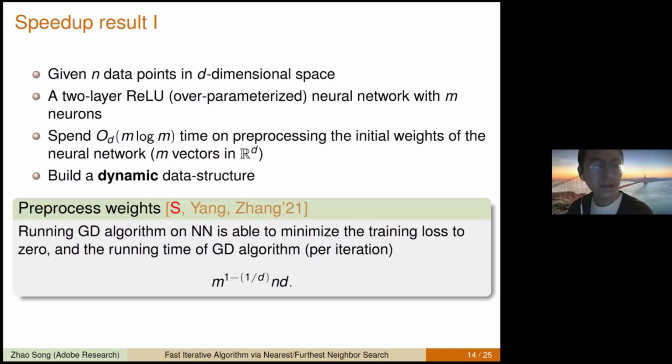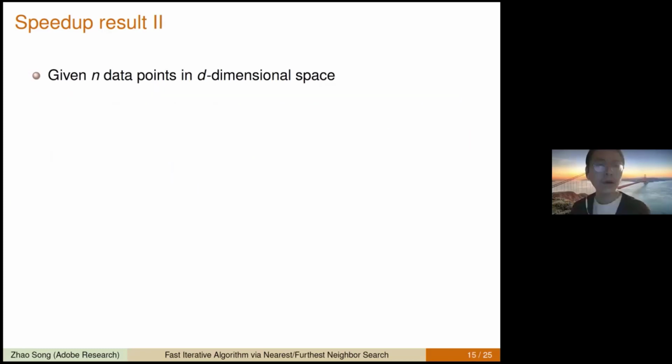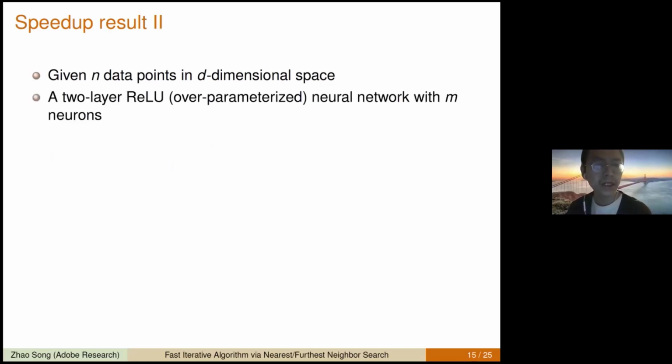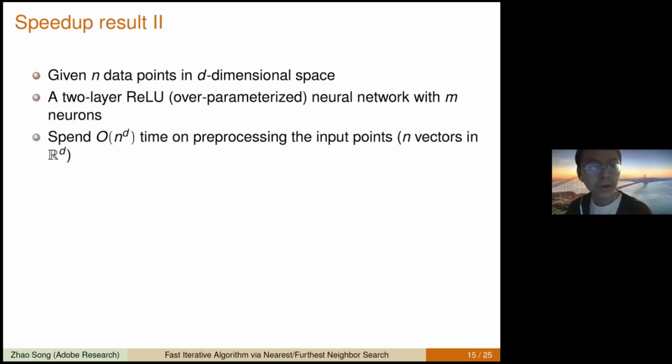This idea has been widely used in practice, but this is the first work where we can prove something in theory. We also have another result, which is slightly better. Instead of preprocessing all the weights, we just preprocess the input data points. This is also very natural in practice, because the ImageNet data set is just there, and whenever people want to train their neural network, they always use a network pre-trained on ImageNet.